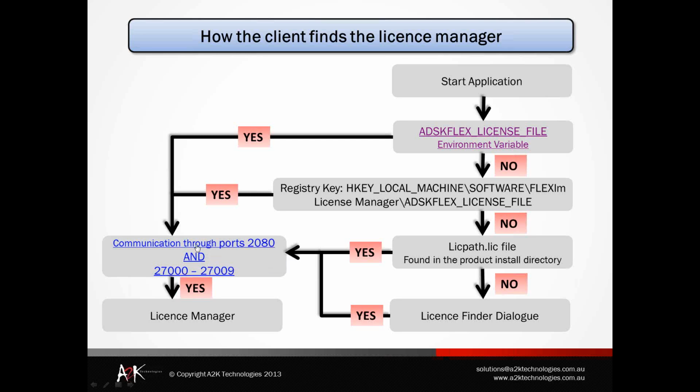One of the ways to test that you can communicate through those ports is to use Internet Explorer. I'm just bringing up a web page here that will demonstrate that.